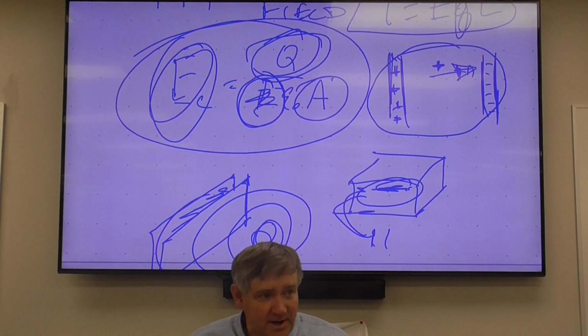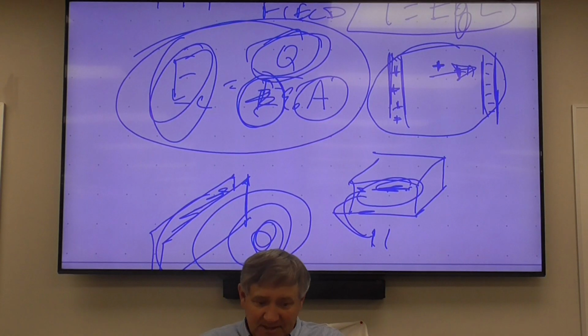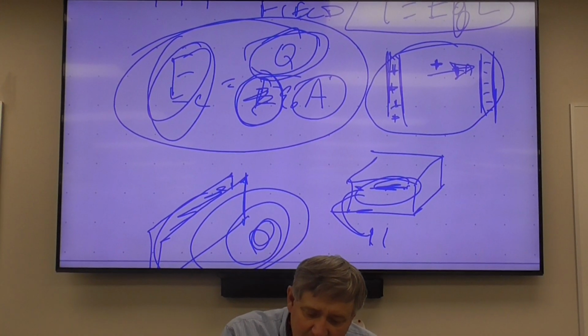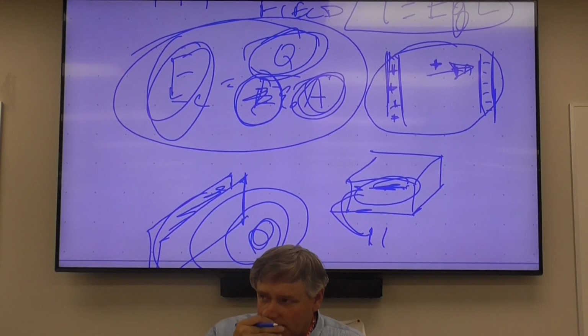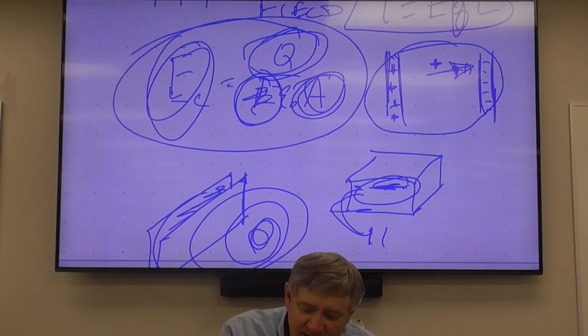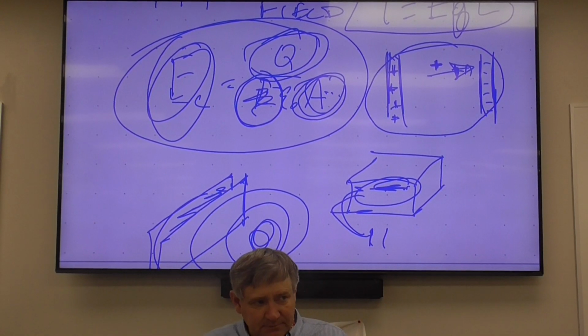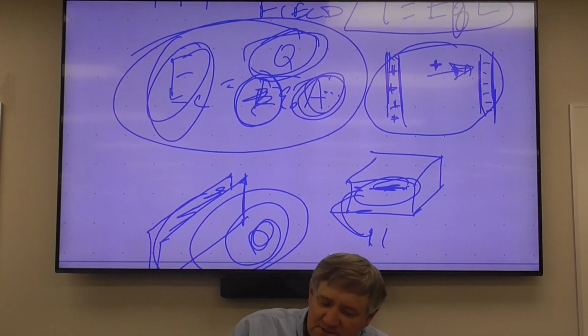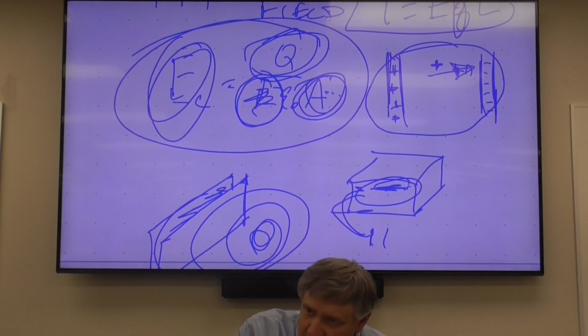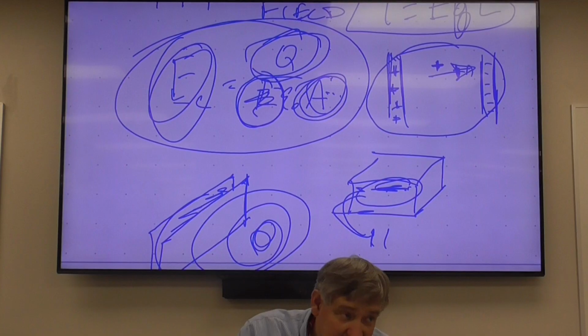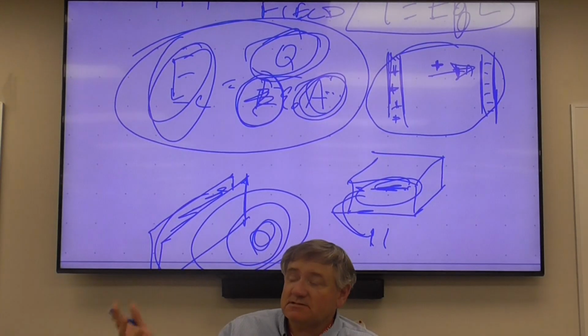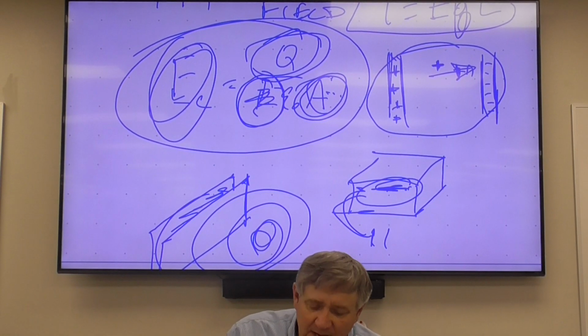A is going to be your area. Now let's think about this. This is somewhat counterintuitive, but as the area gets bigger, what happens to the value of the electric field? It decreases. It actually becomes smaller. Here's the justification for that.